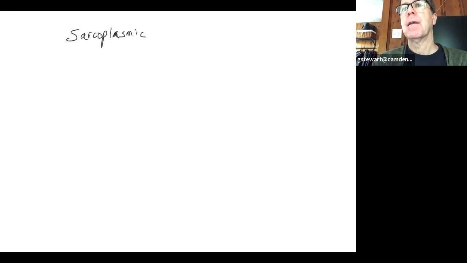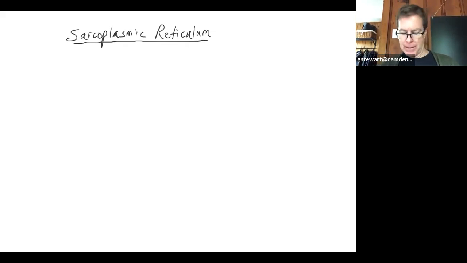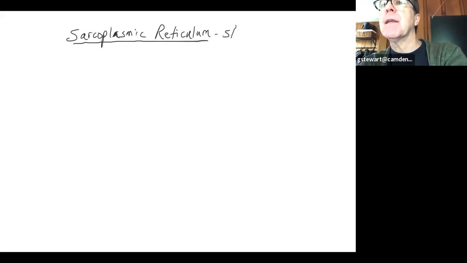Sarcoplasmic reticulum. Sounds a lot like endoplasmic reticulum, one of the organelles we learned in a cell, and it's somewhat similar. What it does in a muscle cell is this is basically a set of tubules.